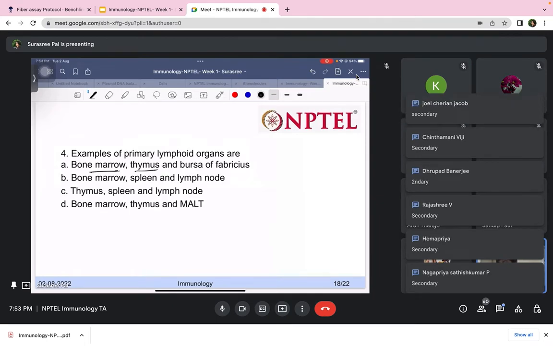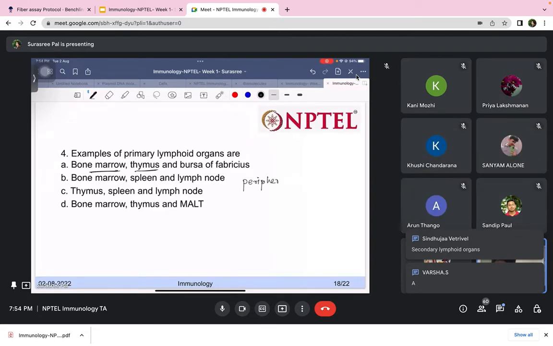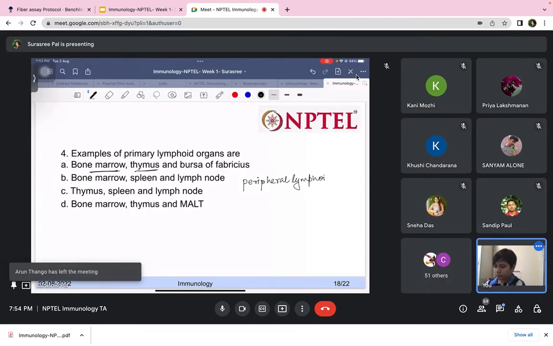Yes, some of you are writing that spleen and lymph node are secondary lymphoid organs, you're right, or peripheral lymphoid organs also. So spleen, lymph node, MALT. Any idea what is MALT?